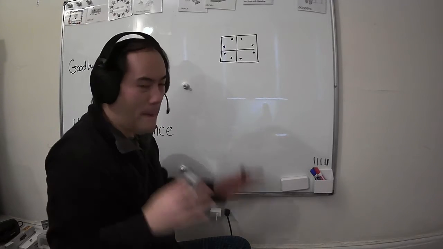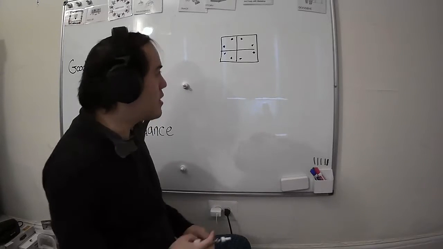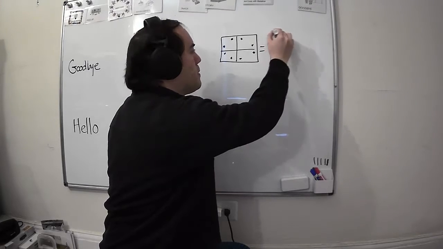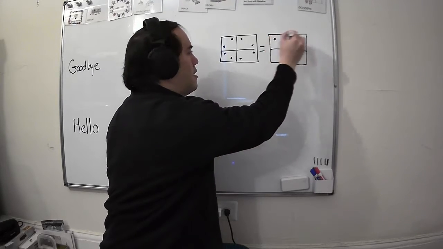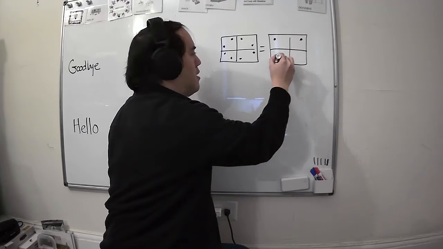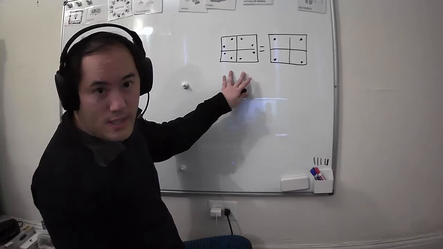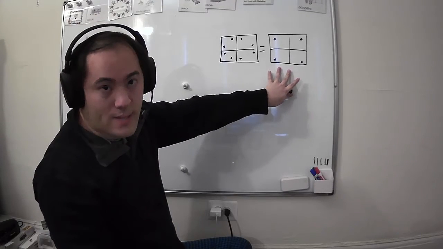What if I magically connect a new train car with only 4 people inside? So this car has 4 seats, 8 passengers. This car has 4 seats, 4 passengers.